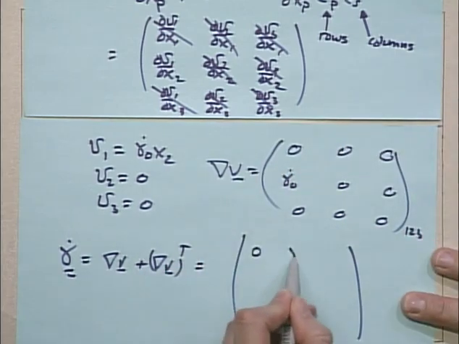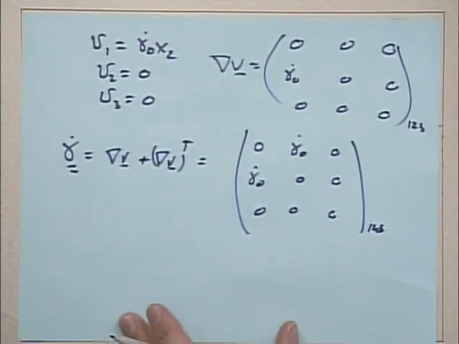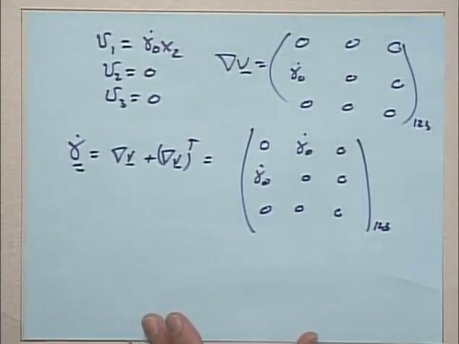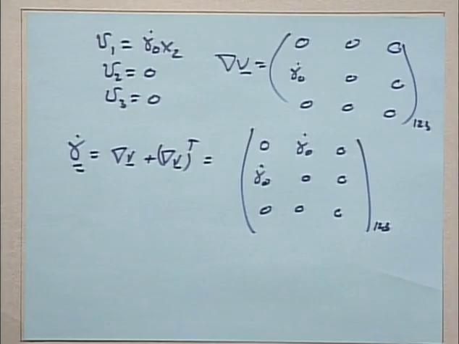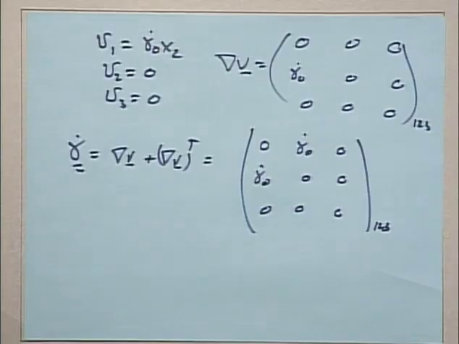So this is 0, gamma dot naught 0, gamma dot naught 0, 0, 0, 0, 0. I think that was the answer. Question was, what is gamma dot, the tensor in this flow? And there's the answer.